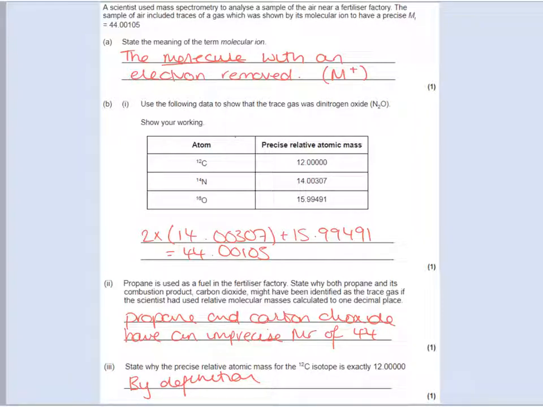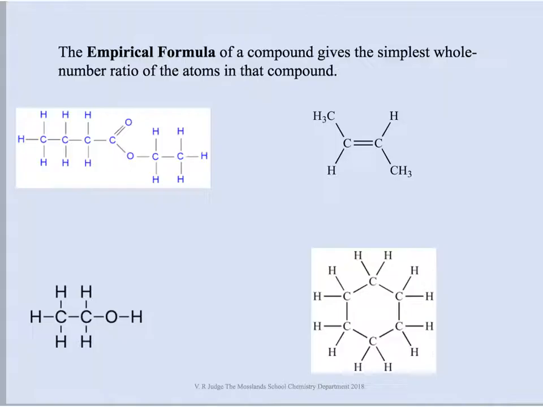So we're now going to have a little look at empirical formula. So hopefully you remember the empirical formula of a compound gives the simplest whole number ratio of the atoms in that compound. So it just simplifies down how many carbons to hydrogens to oxygens to whatever else you've got in there. So if we just have a look at some examples, we've got this ester first of all with the molecular formula C6H12O2.